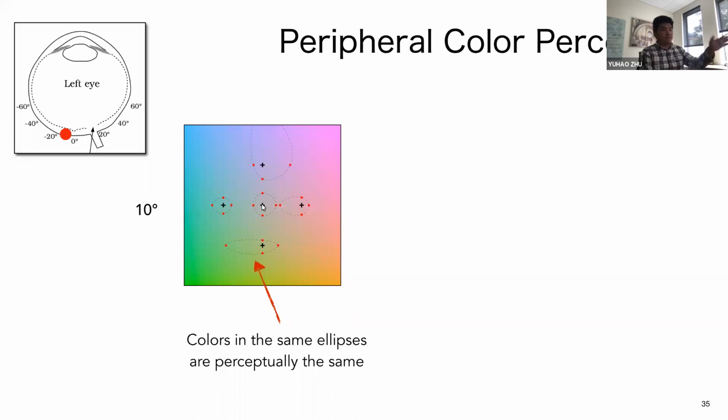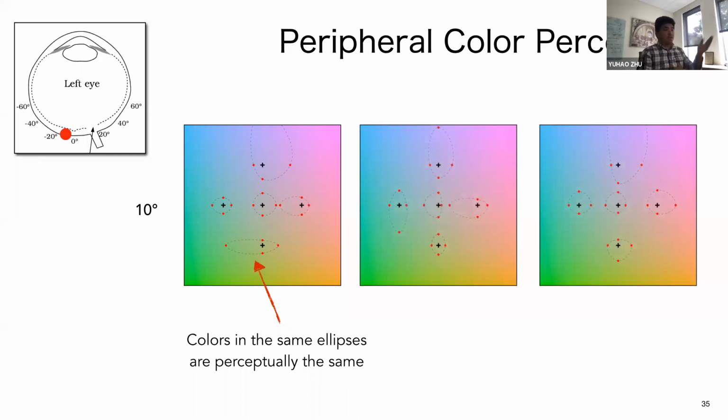This is for one particular subject. We did this for, I think, 5 subjects, 5 users, and I'm showing you data for two other users. You'll see that the data are not exactly the same, but they more or less follow a trend where the boundaries are ellipse-like. This is the data at 10-degree eccentricity, where your visual acuity is slightly worse than at the fovea.